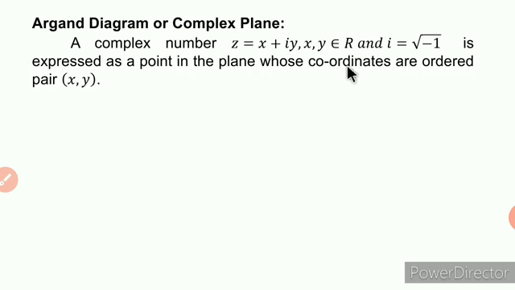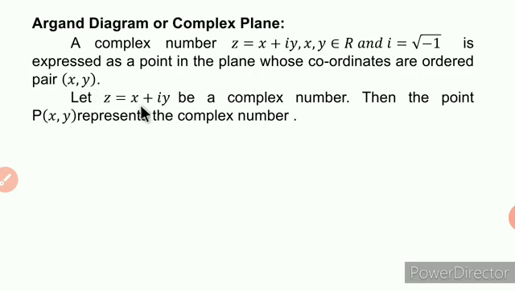Means here we represent this complex number x plus iy by using the coordinate having the ordered pair as xy. Means the x coordinate is represented by its real part and y coordinate of the point is represented by the imaginary part.